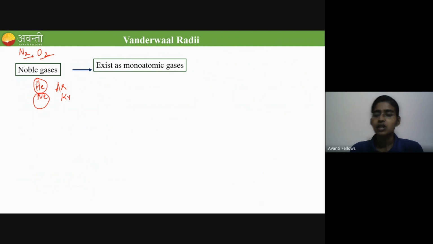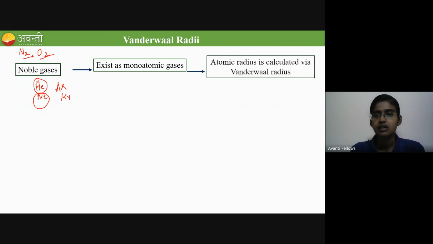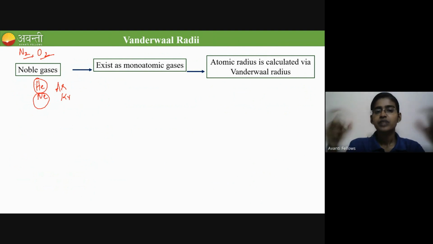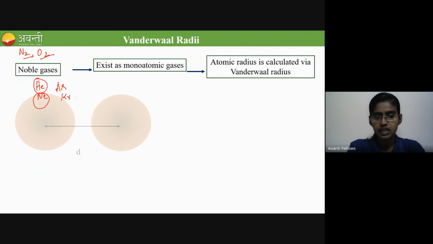Now the atomic radius is calculated using van der Waals radius. When the monoatomic noble gases are solidified, two atoms of that noble gas will try to come closer to each other. Just see it in the picture.